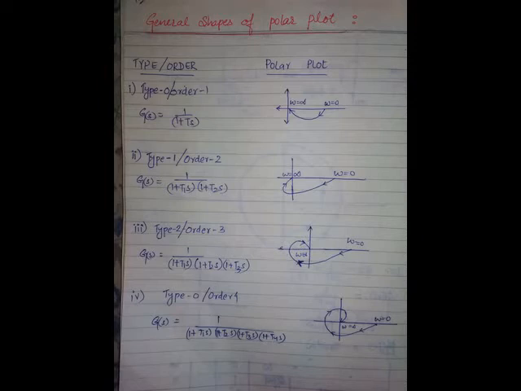is type 0, order 1. This is the representation of the open loop transfer function. Yesterday we have seen this is the general shape of the polar plot, starting omega 0, ending omega infinity.